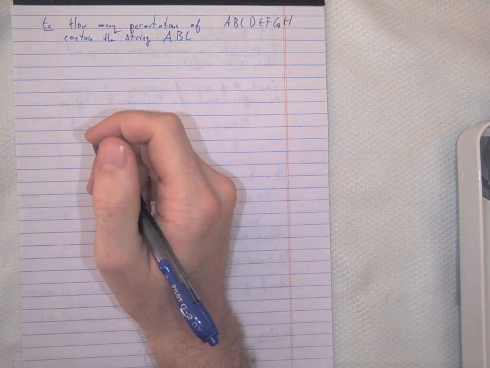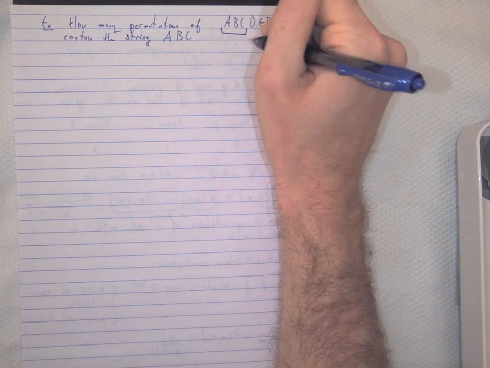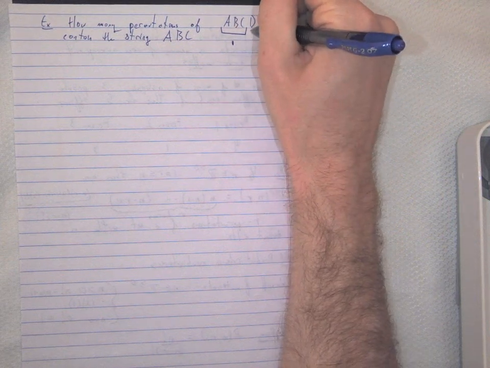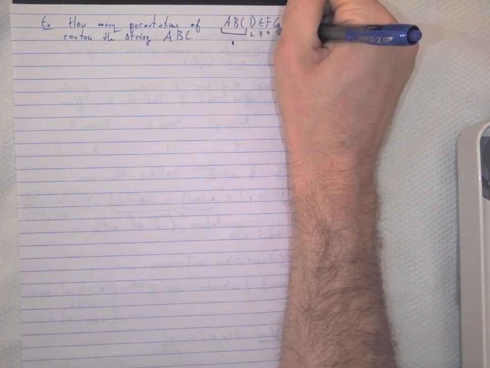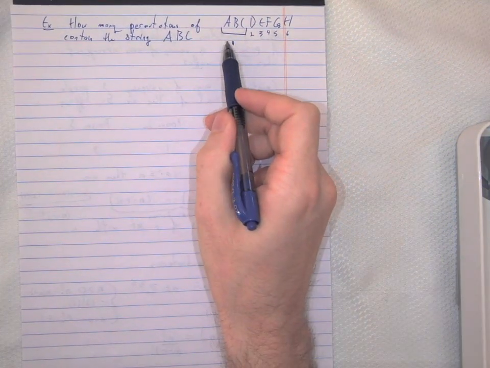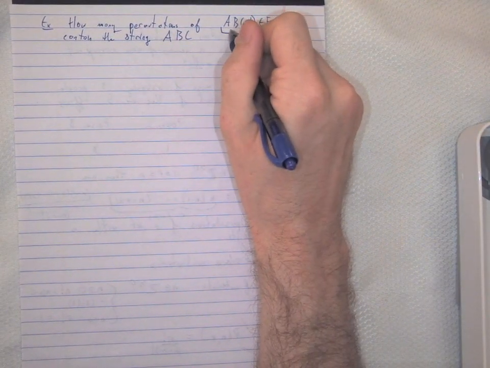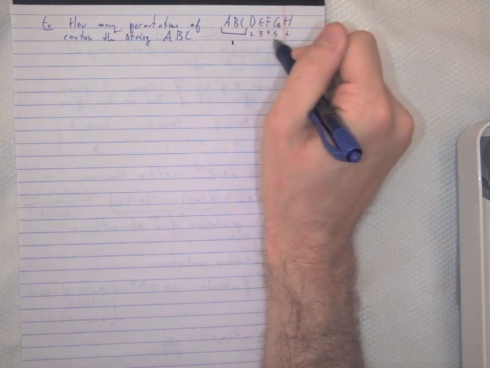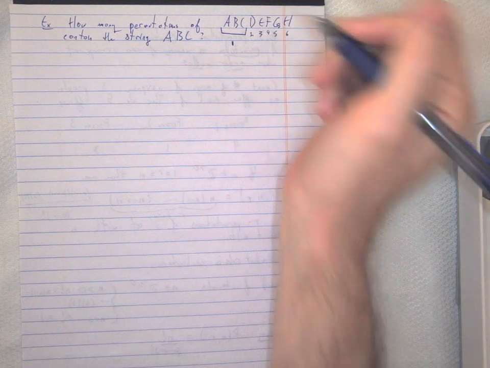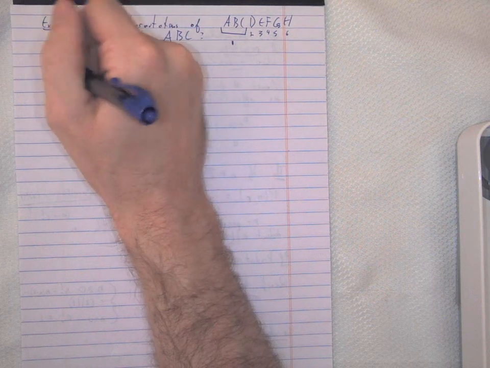And this is not so difficult to figure out. What we do is we treat ABC as its own symbol. So we can call this symbol 1. And then D will be symbol 2, 3, 4, 5, 6. And so if I want strings where ABC appears as an unbroken string, that's the same as just treating this as a symbol and looking at permutations of a set of size 6, where wherever I put a 1, I just replace it with the full string ABC. And so we're looking for the 6 permutations of a set of size 6.